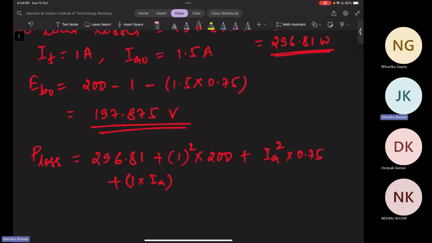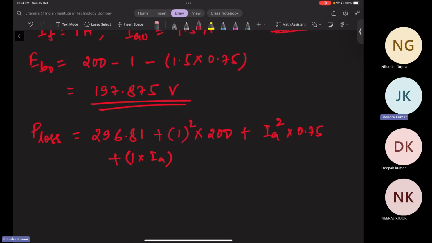I hope it is fine till here. And after that, we are given the output power, and we need the efficiency. So we can equate the input power is equal to output plus losses.